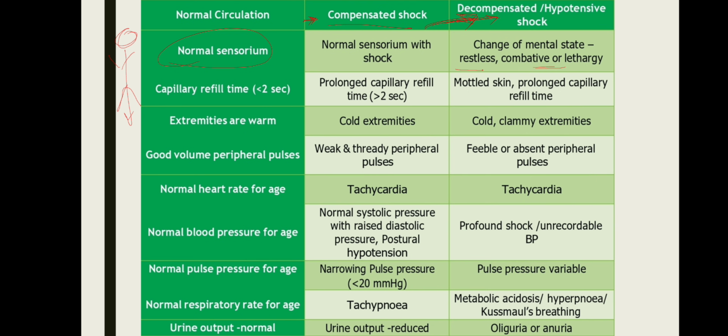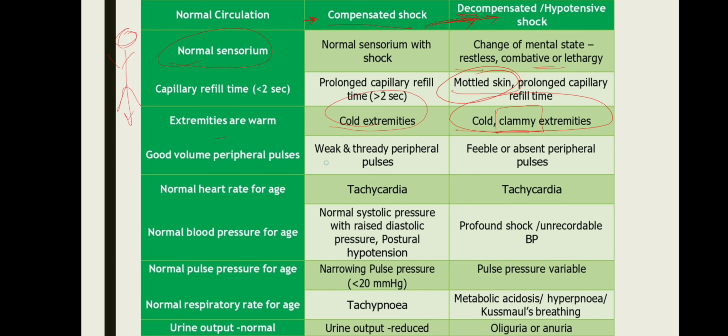The CRT is prolonged in both, but mottling is seen in compensatory shock. Now the extremities: both are cold, but there is cold and clammy skin, that means the skin is tight, in compensatory shock.